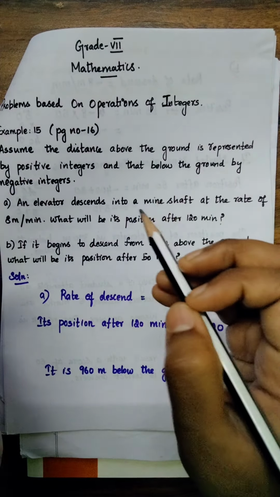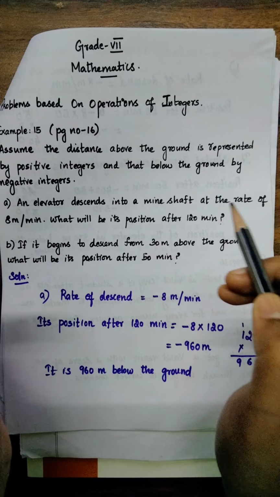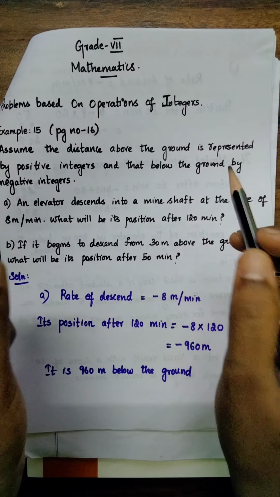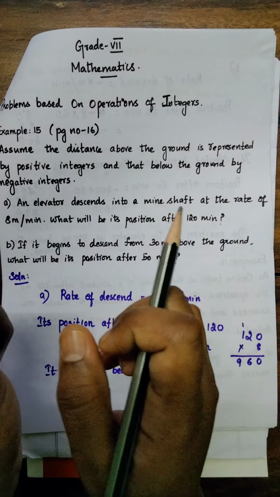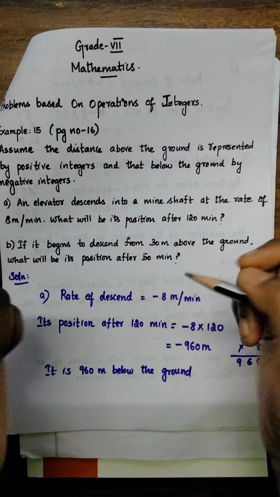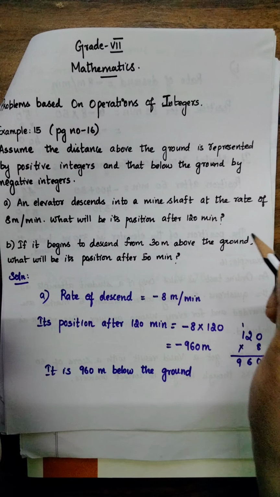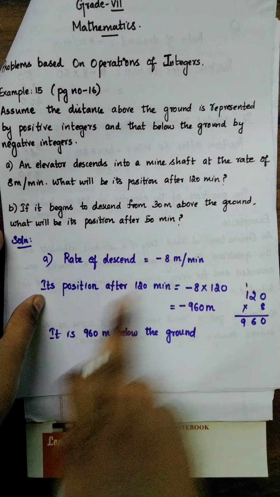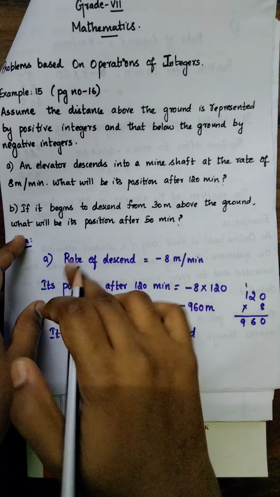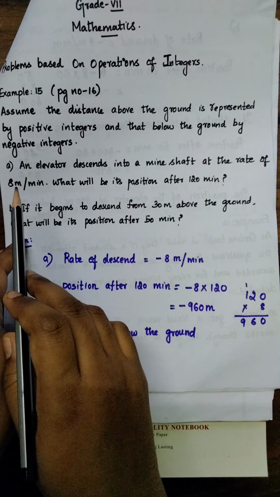So an elevator descends into a mine shaft at a rate of 8 meter per minute. In 1 minute it is going down 8 meter. We are going to find what will be its position after 120 minutes. First, rate of descent is equal to, as given in the question, 8 meter per minute.